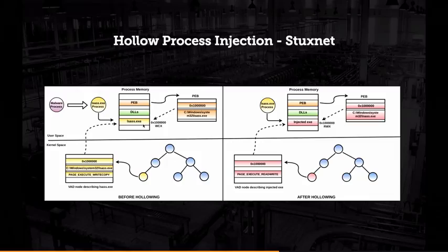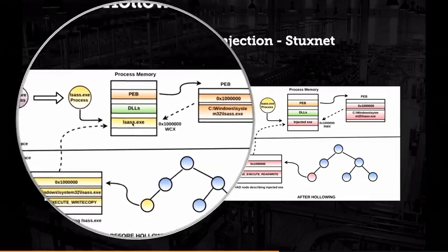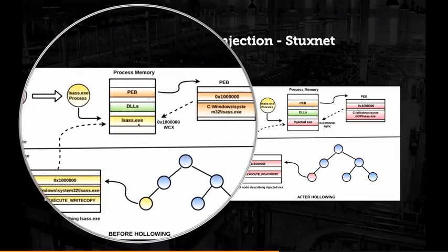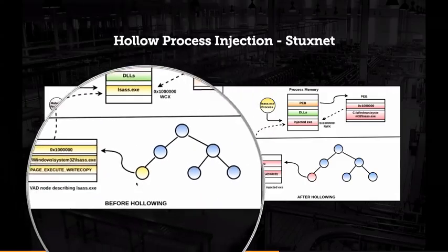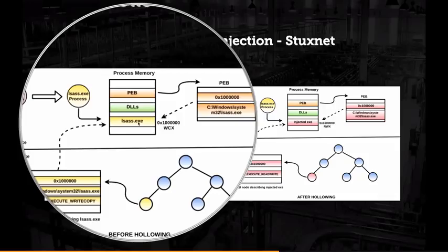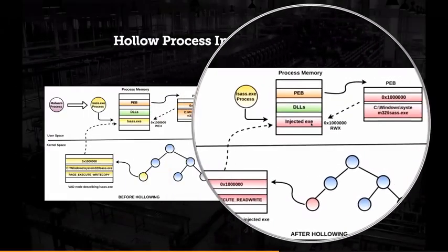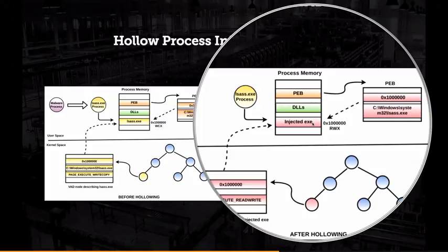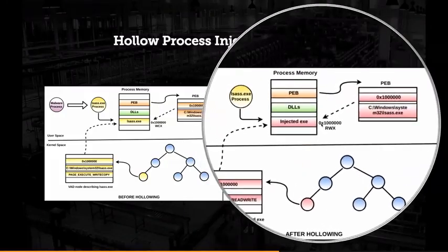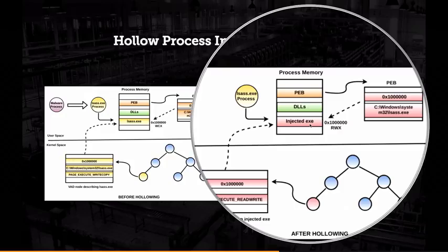Now what Stuxnet did was, it hollowed out this section of memory where the executable is loaded. It deallocated the memory. So the VAD node that is representing this section of memory is gone. Okay? And then it allocated new memory in the same region. As a result, a new VAD is created and the malicious executable is injected.